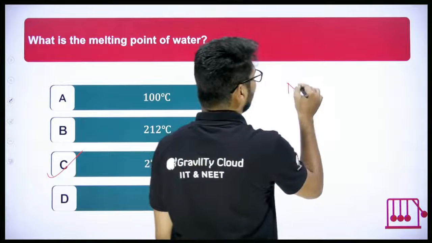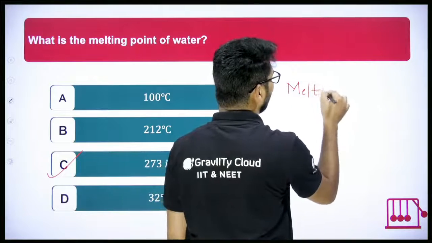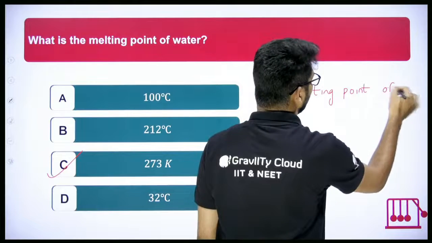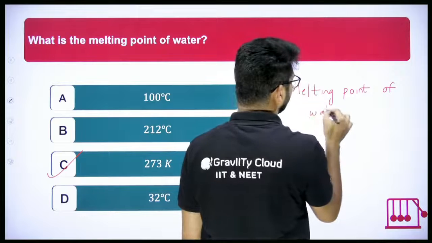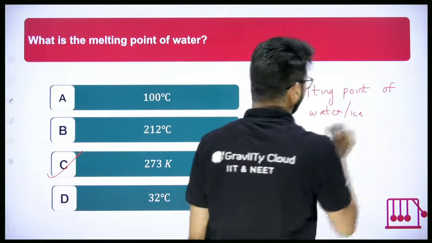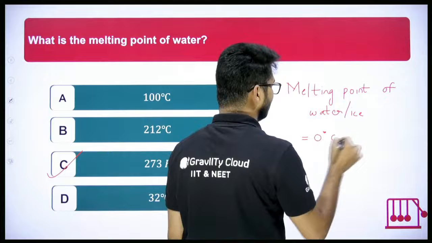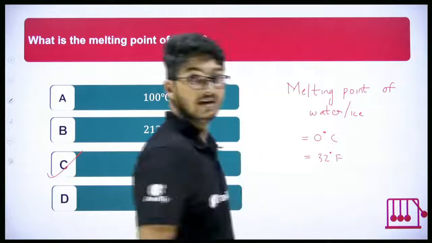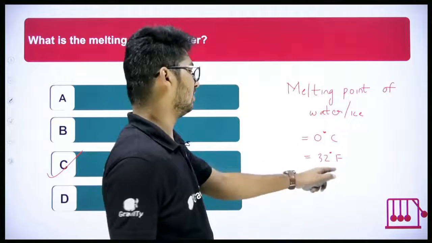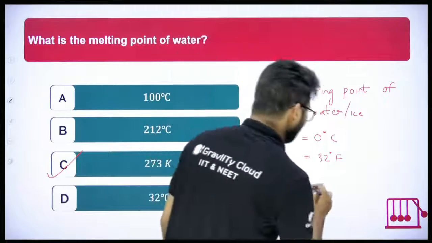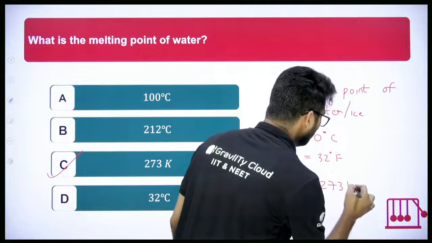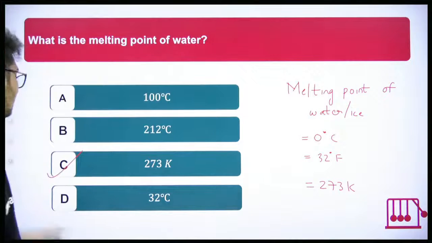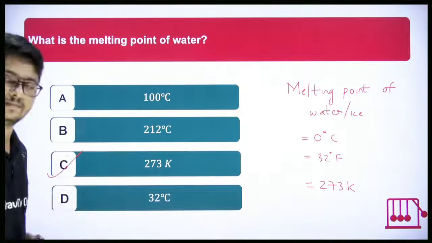Because, see, you have to remember the values in every scale, in every unit. The melting point of water or ice is 0 degrees Celsius, or 32 degrees Fahrenheit. In Celsius, 0. In Fahrenheit, 32. And in Kelvin, 273 Kelvin. That is the reason why it is option C.